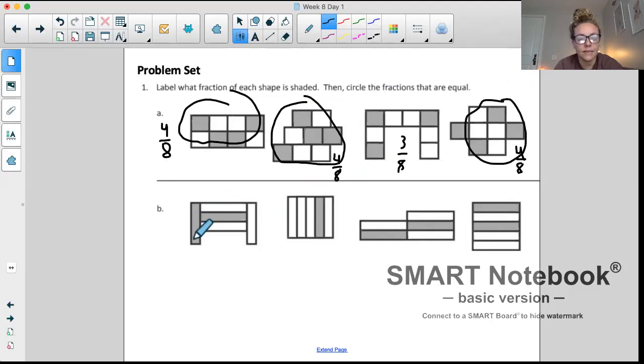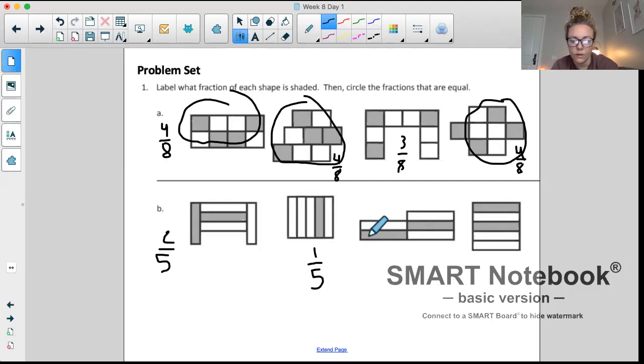Okay. I see these are long, skinny rectangles, and they look like they're the same size throughout. So same thing, okay? We have 1, 2 pieces shaded out of 1, 2, 3, 4, 5. Okay, 2/5. Over here, I see 1 piece shaded out of 1, 2, 3, 4, 5, 1/5.